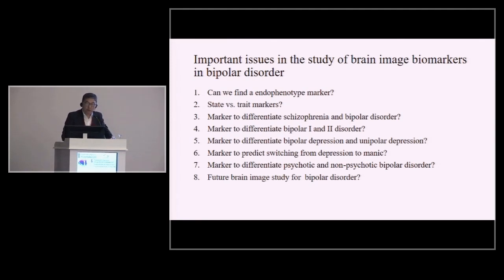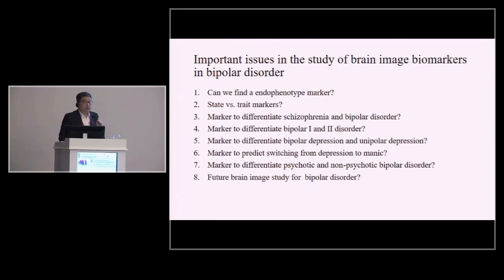Of course, before brain imaging study, we should answer these questions. Everybody wants to find a change that can be an endophenotype marker. And of course, somebody will ask if this marker is a state or a trait marker. Currently, we are trying to find the trait marker.